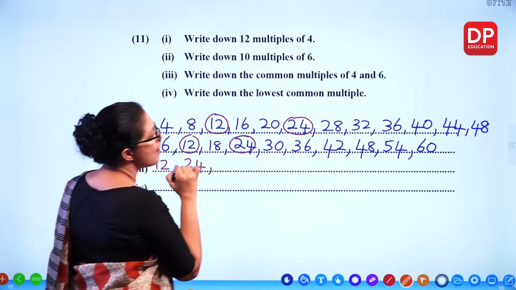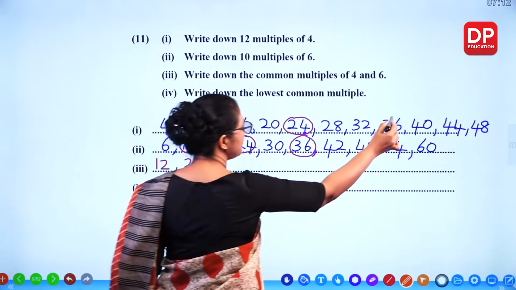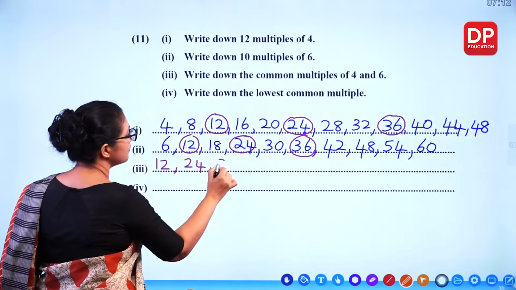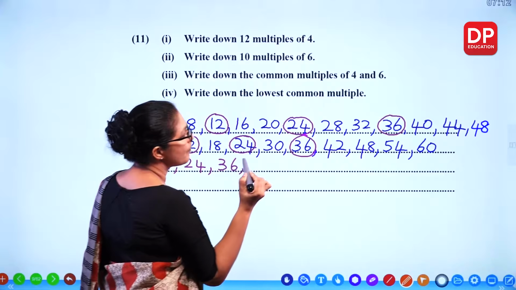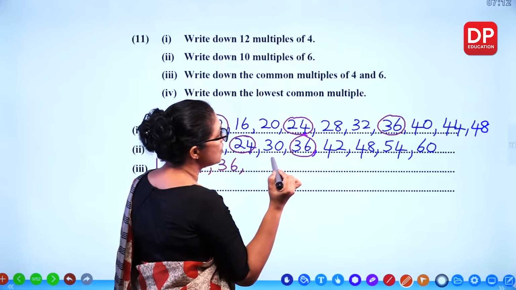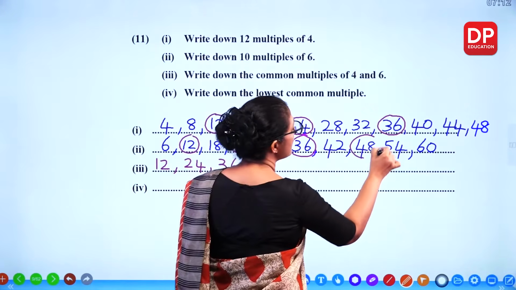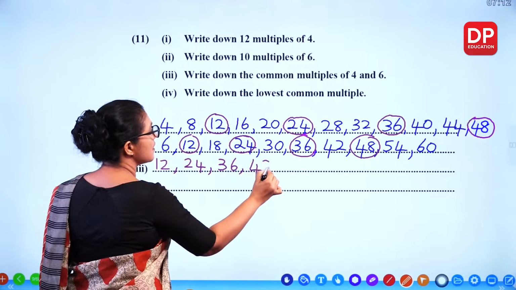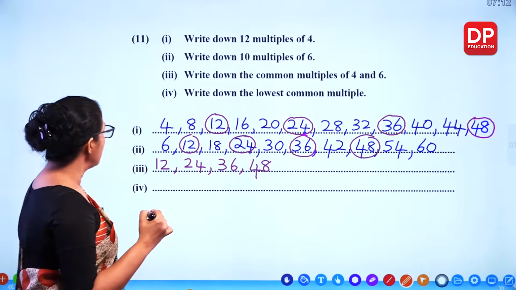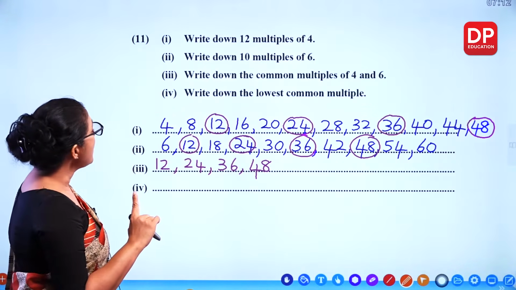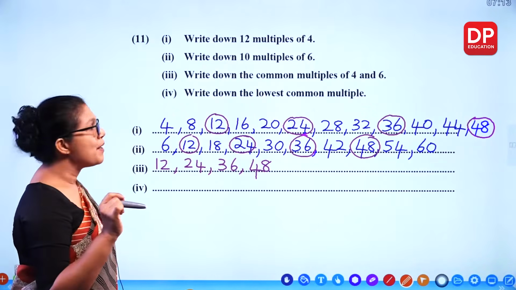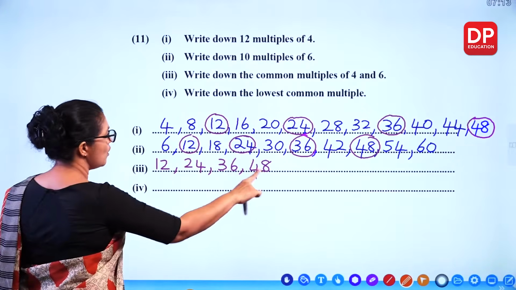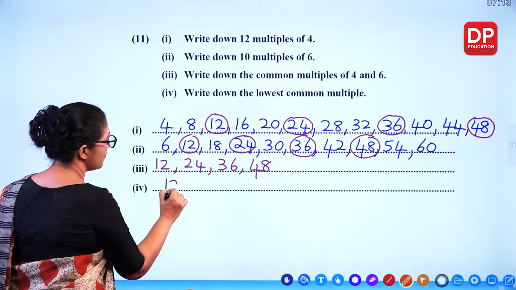Next one, 36. And you get 48. Now, write down the lowest common multiple out of these. The lowest one is 12.